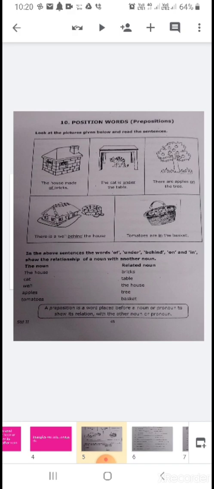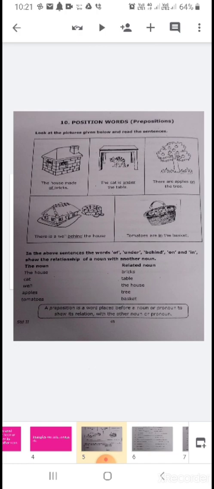Next, there are apples on the trees. Here on defines the position of the apples. Next, there is a well behind the house. Behind defines the position of the well. Next, tomatoes are in the basket. Here in defines the position of the tomatoes.